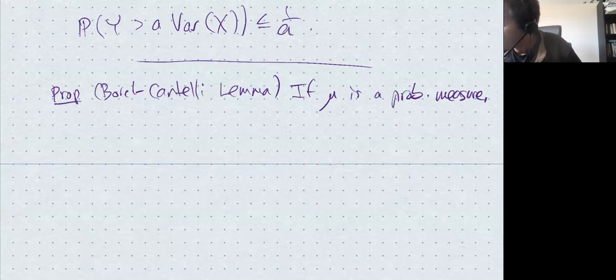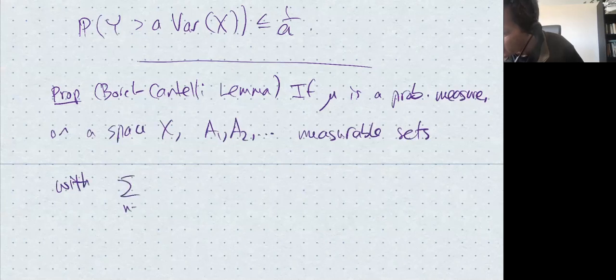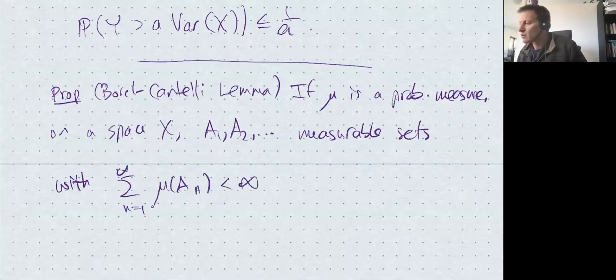If you have a probability measure mu on a space X, and you have a sequence of measurable sets, A1, A2, etc., such that the sum of the measures converges. So the series of measures is summable.